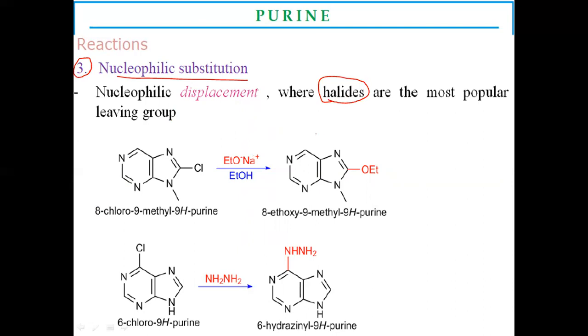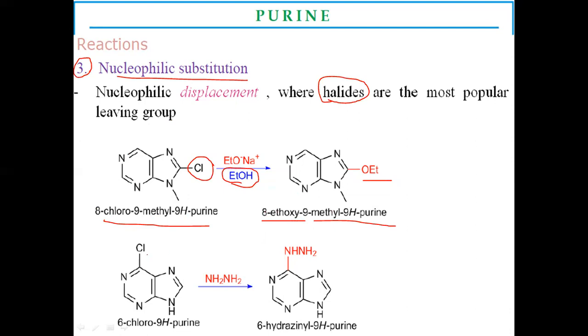The reaction is easily carried out by replacing the leaving group with nucleophiles, for example at the 8 position. For example, 8-chloro-9-methyl-9H-purine undergoes nucleophilic substitution with sodium ethoxide. It forms 8-ethoxy-9-methyl-9H-purine with formation of ethanol.